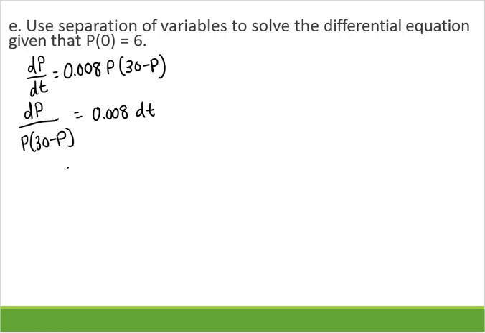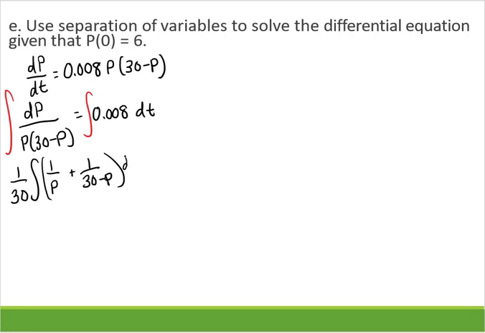It's actually 1 over 30. So when I integrate, I get 1 over 30 integral of 1 over P plus 1 over 30 minus P dp is equal to, I'm going to integrate this.